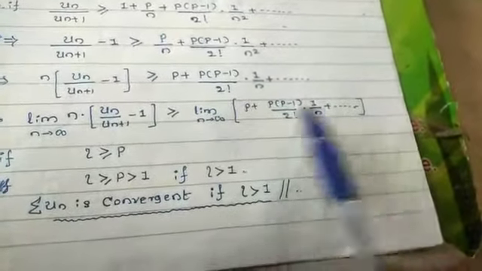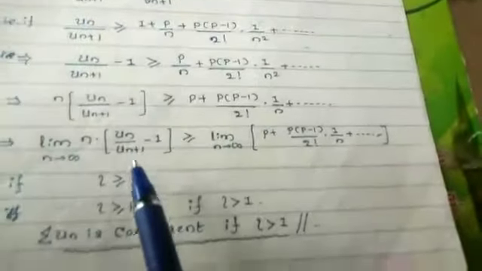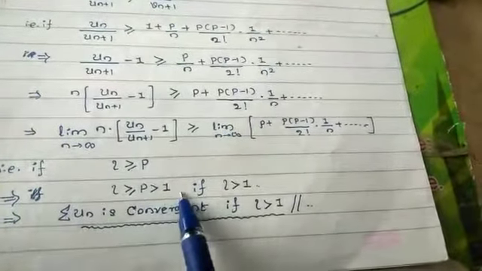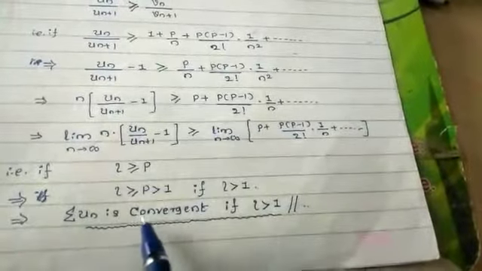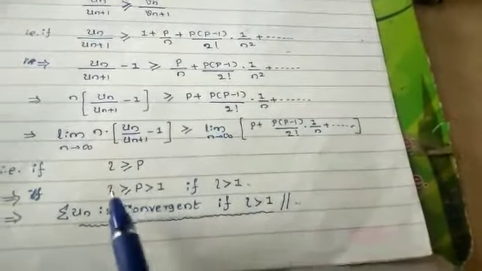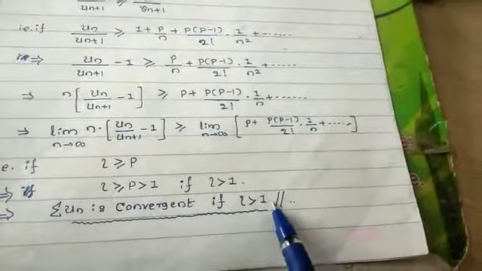Further terms are 0 except p. Therefore this equals L, as given in the statement itself. Therefore L is greater than or equals to p, and p we are considering as greater than 1. Therefore summation of un is convergent for L greater than 1, according to the p series test.